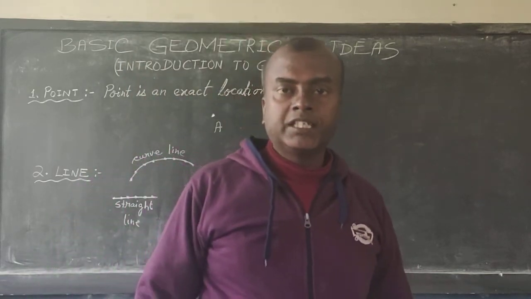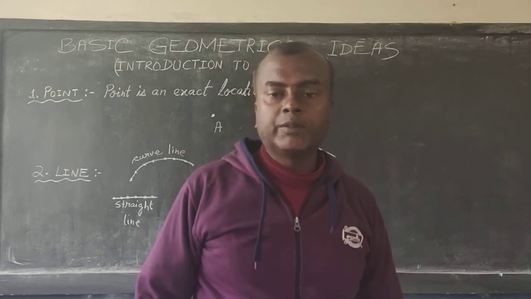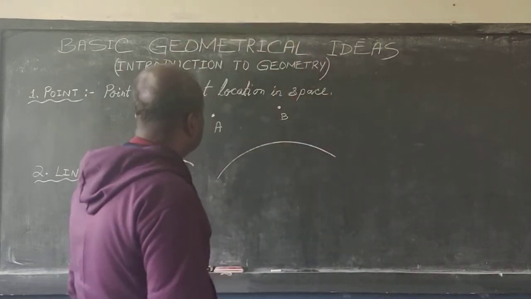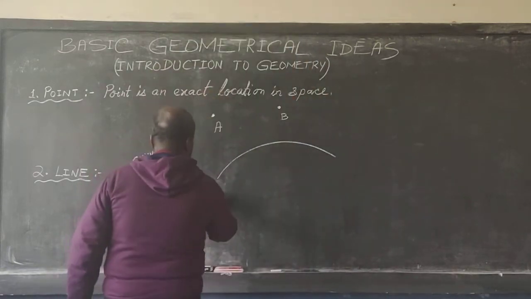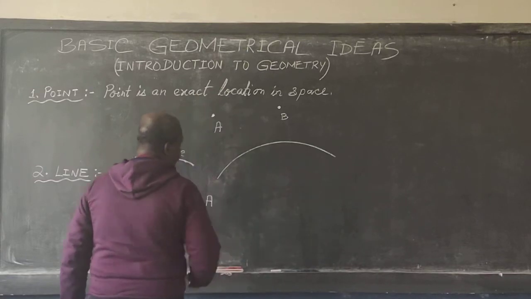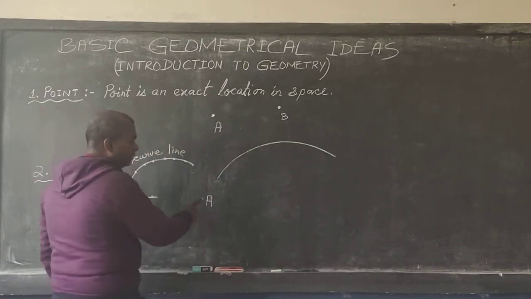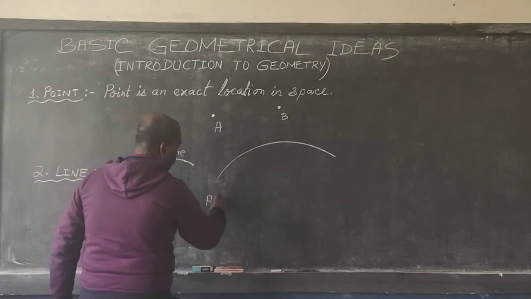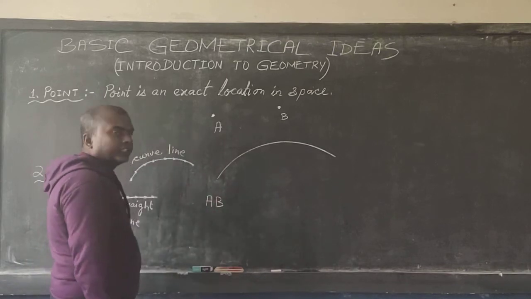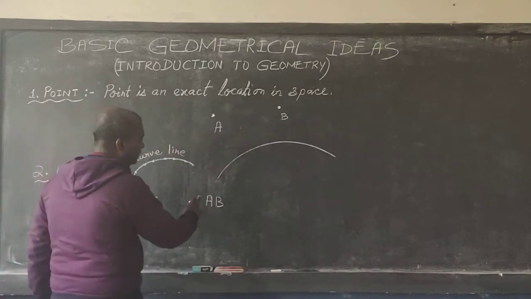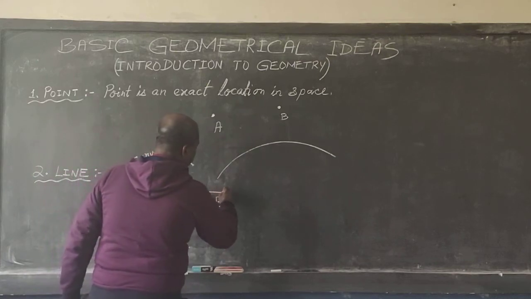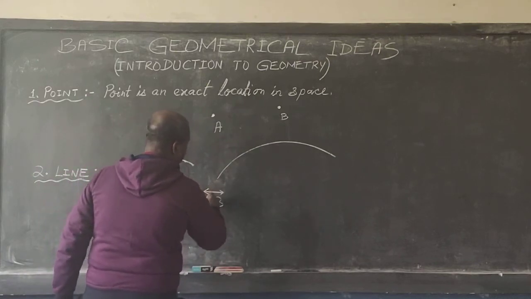So a line has no specific length, and we represent a line like this. Suppose a line starts from A and goes towards B. So the name of the line can be given as AB, and on top you give this particular sign.